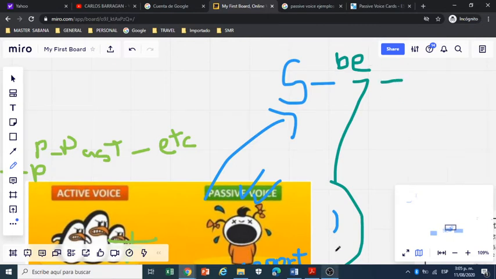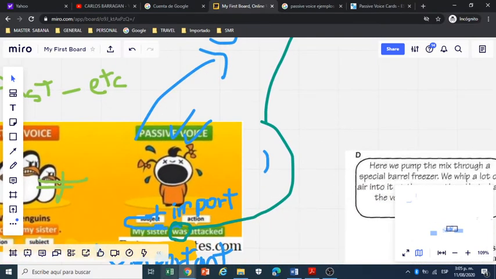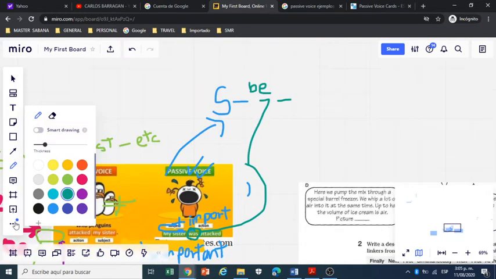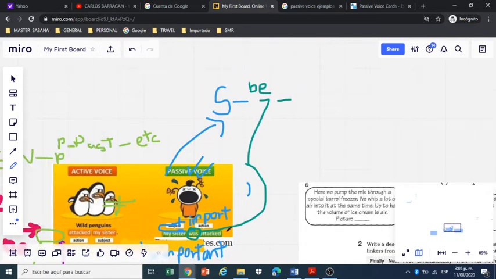And we have here another new section. We have here this. The past participle of the verb. Okay, the past participle of the verb. Next, we have the predicate.